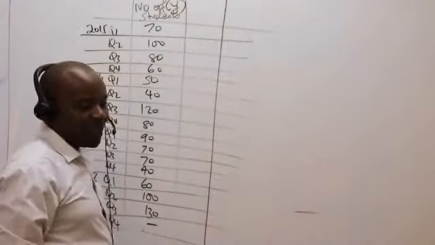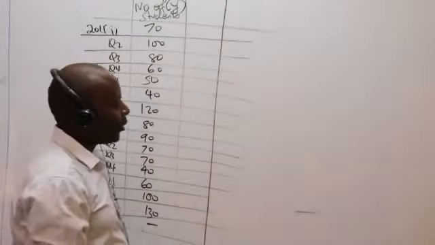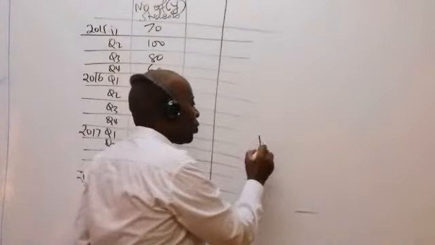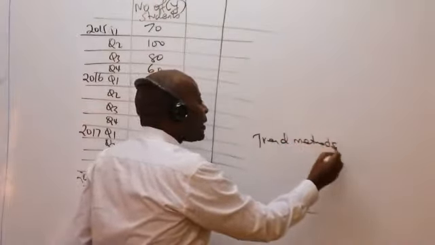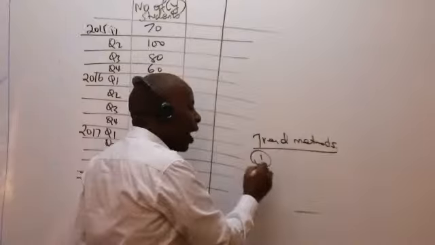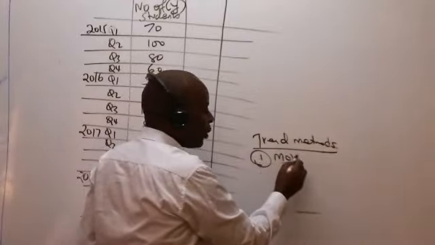So the question is, how will I be able to get my trend? Listen, the methods of getting trend, the ones that are very common: number one is the moving average.